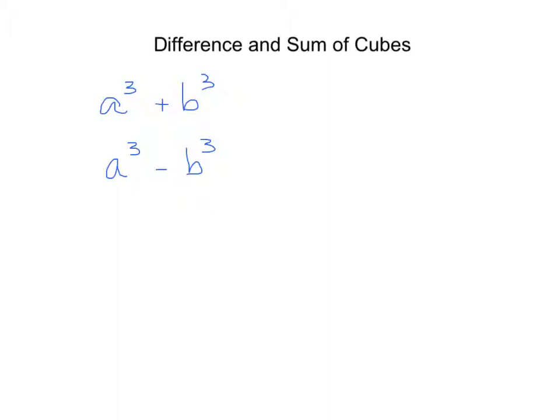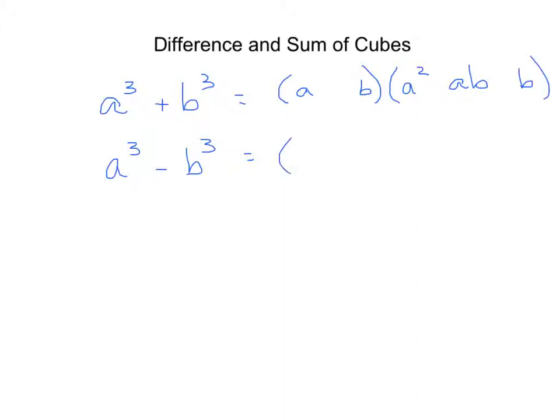When you're writing the formula for the sum or difference of cubes, the first thing you write down, and you have to memorize this, is a, leave room for the operator, then b, then a squared, a, b, and b squared.